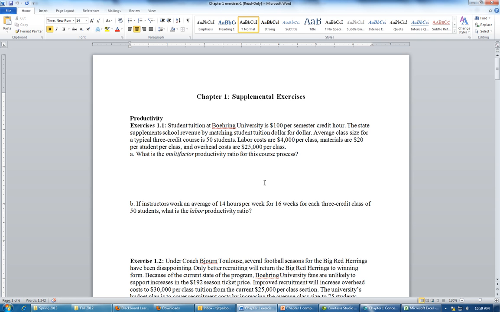The school has 3 inputs: labor $4,000, material $20 per student, and overhead of $25,000. So it is multi-factor productivity.